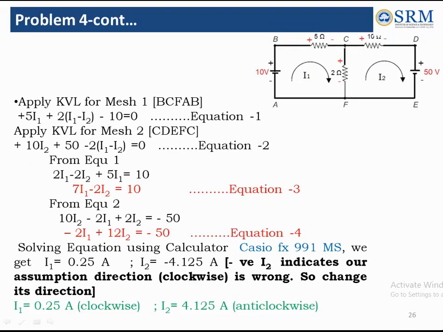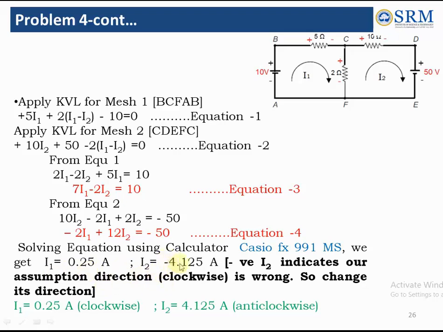Now when we apply KVL for mesh 1, we get 5 into I1 plus 2 into (I1 minus I2), since I1 is larger and there are two currents flowing here, minus 10 equal to 0. Similarly, 10 I2 plus 50 minus 2 into (I1 minus I2) equal to 0. If we solve these two equations, we will get the current values I1 and I2.